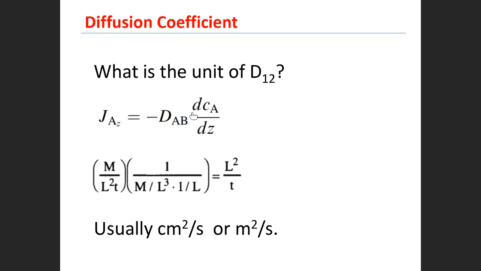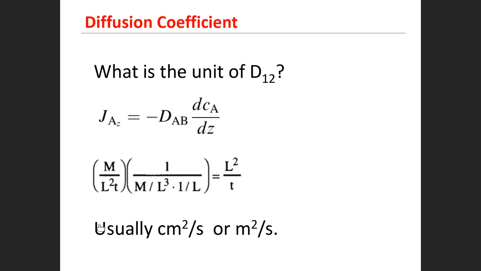You can take the dZ up and the dC_A down, and then the diffusivity will be on one side of the equation. The concentration is basically moles per unit volume, so that means length cubed, and the delta Z will be the length.